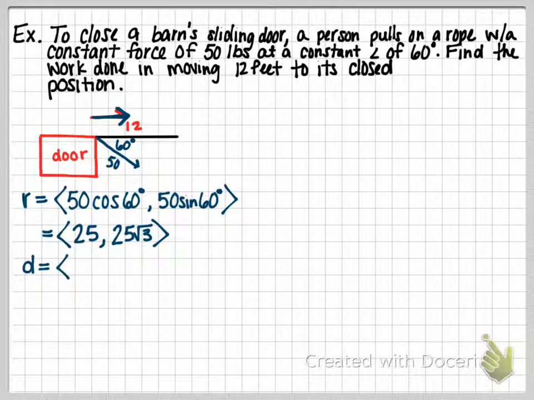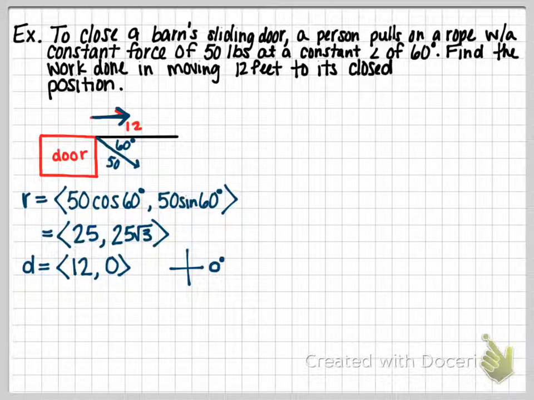So I'm going to have a 12 right here and a 0 for the vertical part. If you wanted to think about it as an angle, my angle measure over there is 0 degrees. The cosine of 0 is 1, the sine of 0 is 0, and multiplying by the magnitude would give us the same vector.